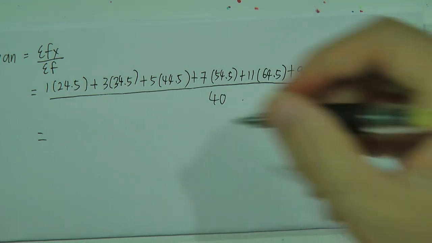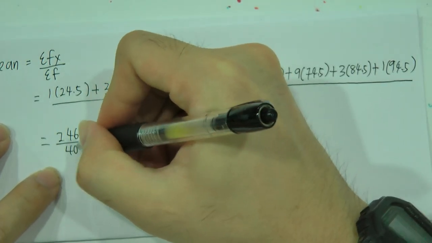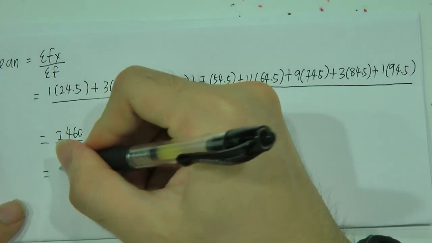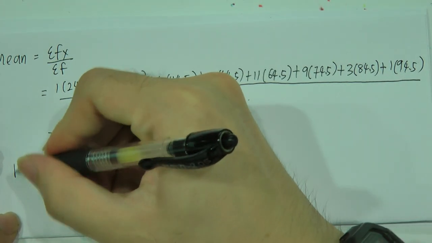So you got the number 2460 divided by 40. So just divide the answer by 40. You got the answer 61.5. This is the mean.